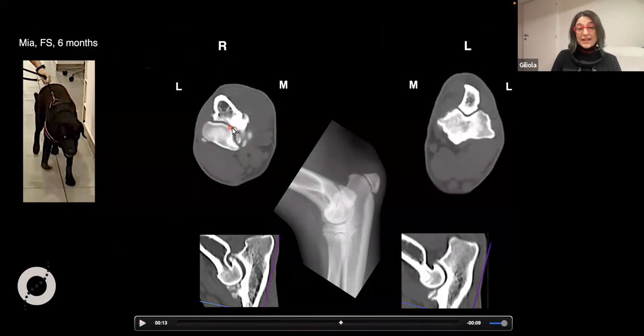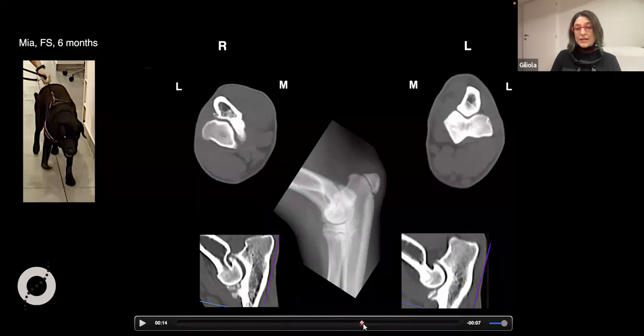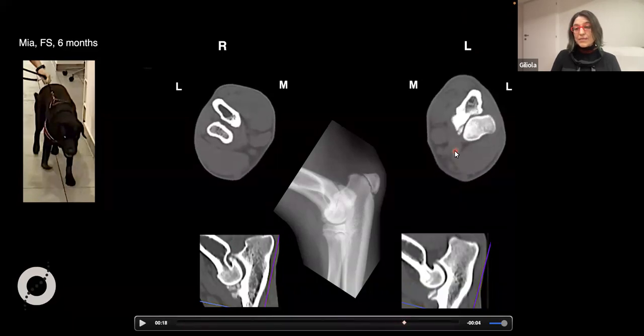This is the right side, where you can see this big fragment, the medial margin of the medial coronoid process. And then there is the left side, which is quite similar, a little bit less severe, but with a large piece of bone present.